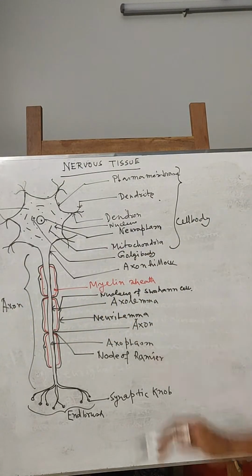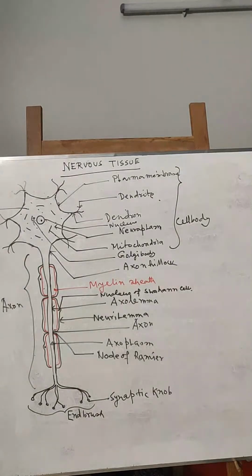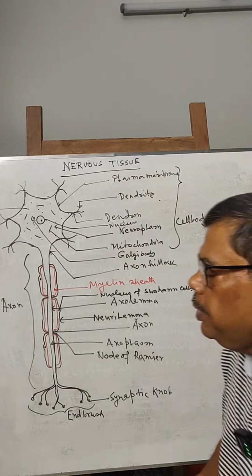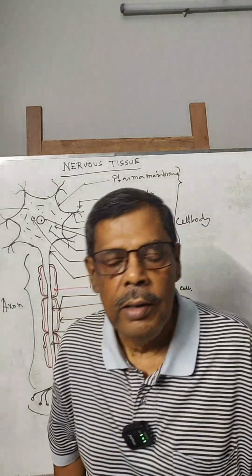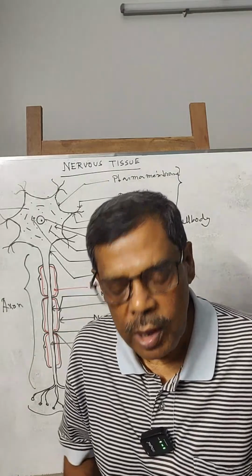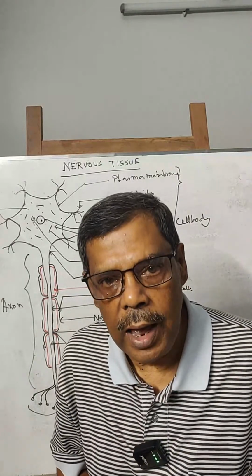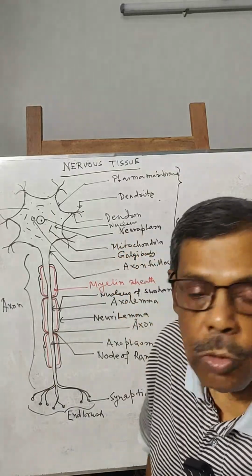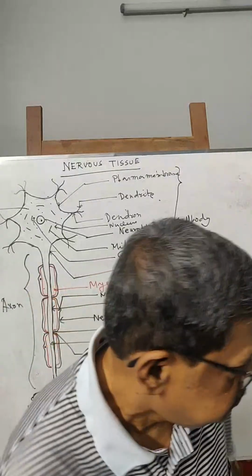These are the structures of a typical neuron. That is a multipolar neuron. Neurons may be unipolar, non-polar, bipolar, pseudo-unipolar, etc. This is the typical multipolar neuron.